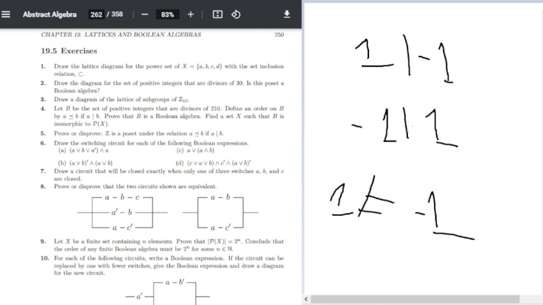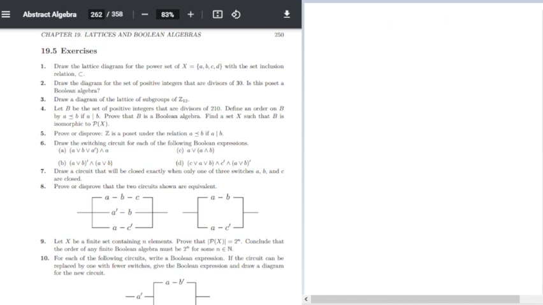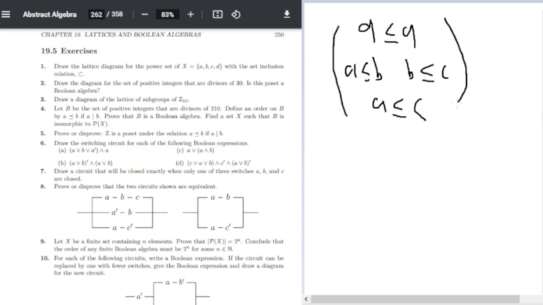What you could do is take a set such that A is less than or equal to A, A less than or equal to B, and B less than or equal to C implies A is less than or equal to C. If you only have this, you can create a new thing.